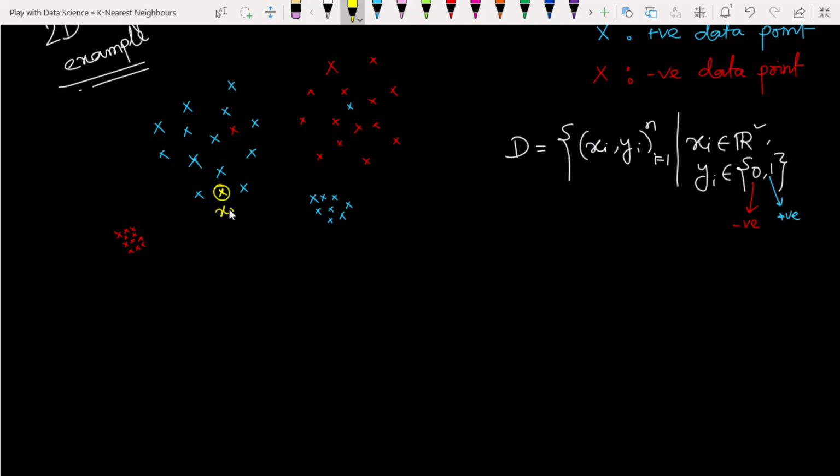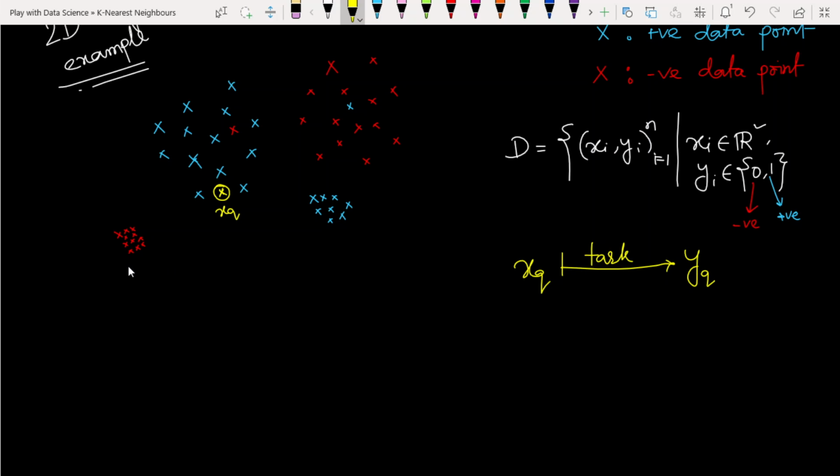Let's take our query point to be xq. What will be the class of this point? We are interested in finding it. So it is simple: we have a query point, and we have to find its corresponding class label.